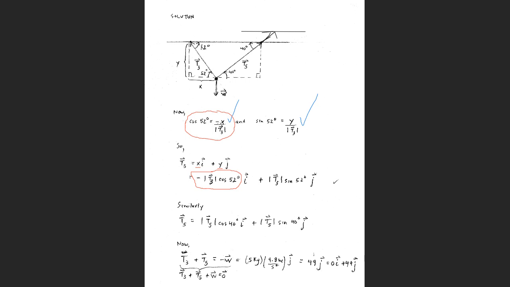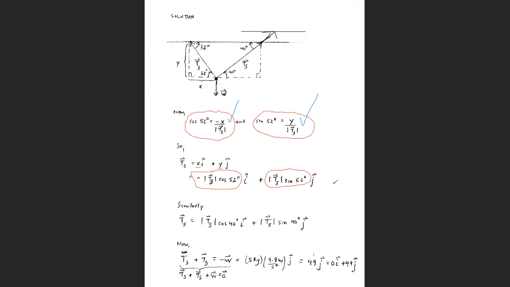Similarly, since the sine of 52 degrees is y over the magnitude of the tension T sub 3, the j component would be the magnitude of the third tension times the sine of 52 degrees.